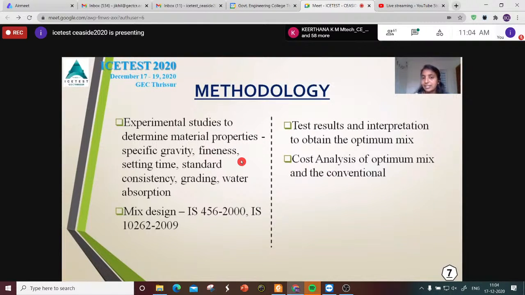From this strength test, we obtained an optimum mix for the GPC mix, that is with the maximum strength, and it is a 50:50 ratio of fly ash and GGBS. From this analysis, we took this optimum GPC mix and the conventional M25 mix for the cost analysis, for finding out the economic feasibility of this material.